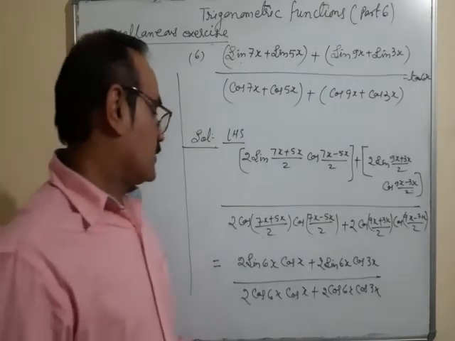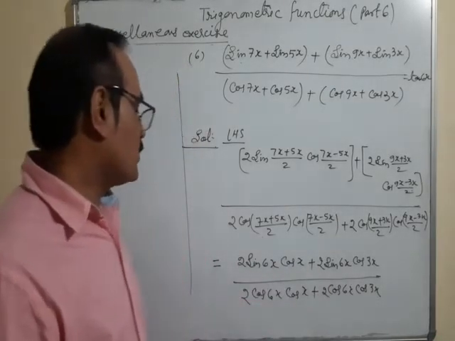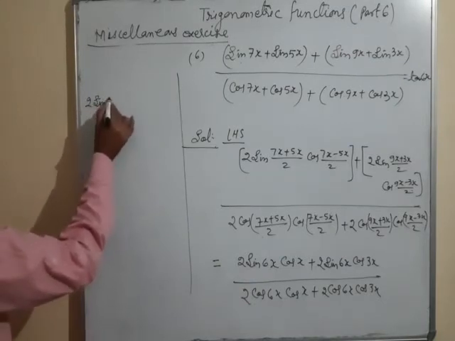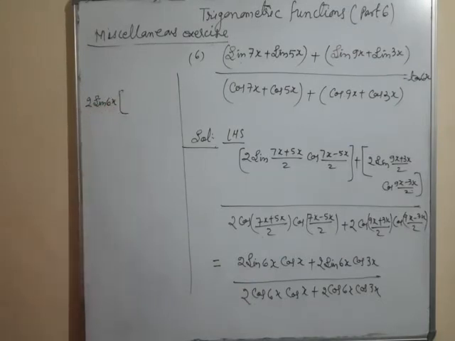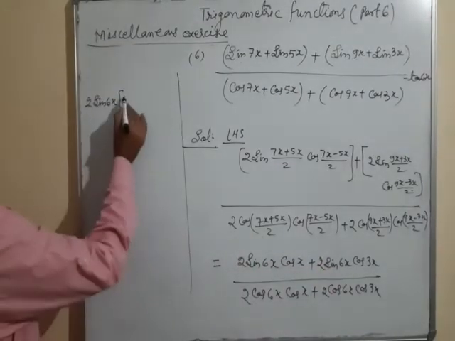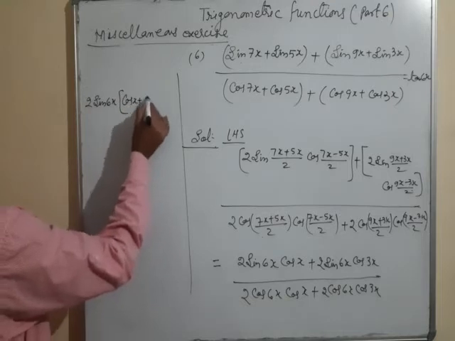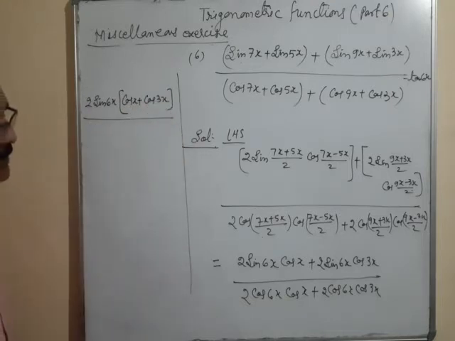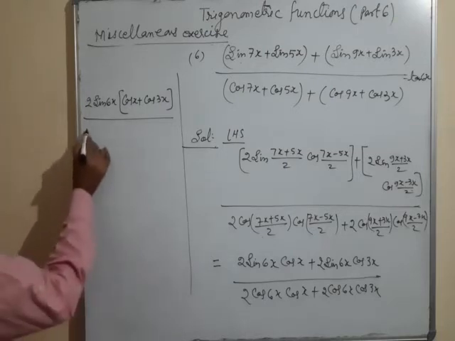Is any term common? Yes, from the numerator 2 sin 6x is common. What is left? Cos x plus cos 3x. From the denominator, 2 cos 6x is common, and what is left is cos x plus cos 3x.